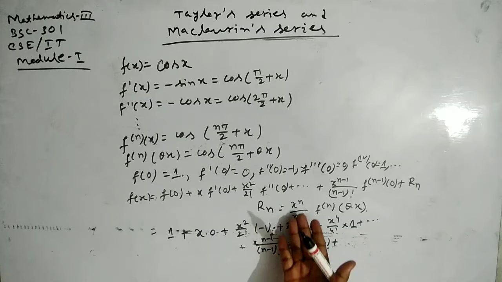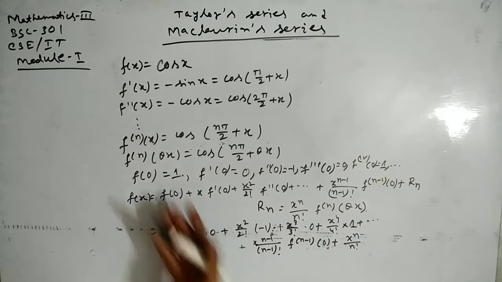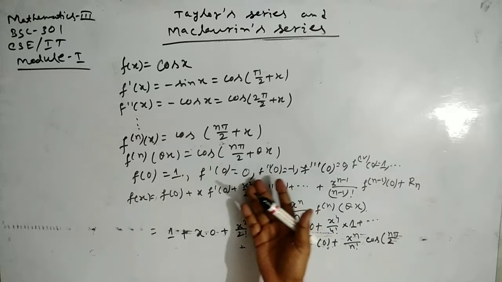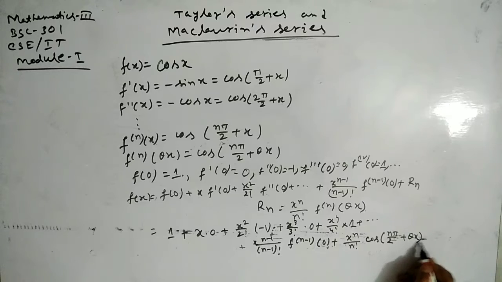So Rn is x to the power n by n factorial f n theta x. So f n theta x is cos of n pi by 2 plus theta x.